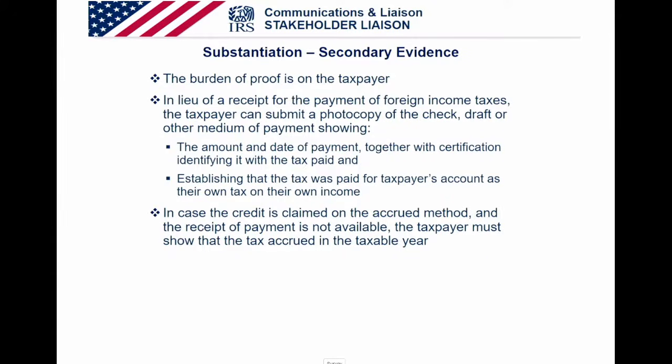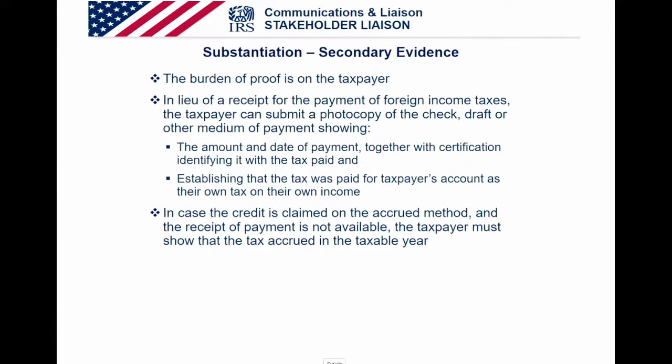In an imperfect world in which we operate, if the taxpayer has established that it's impossible to furnish direct evidence, Treasury Regulation 1.905-2B lists acceptable secondary evidence.